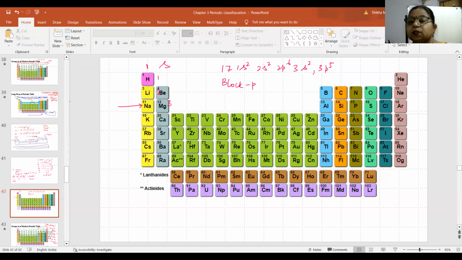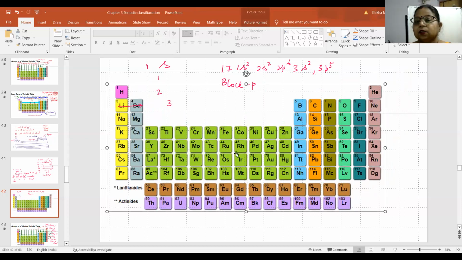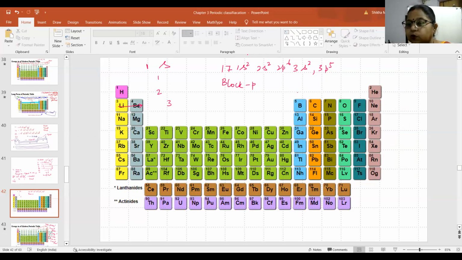In the P block, the first group is boron. Boron is the first element of P block. So the group numbers are 13, 14, 15, 16, 17, 18, and it has 3p5.